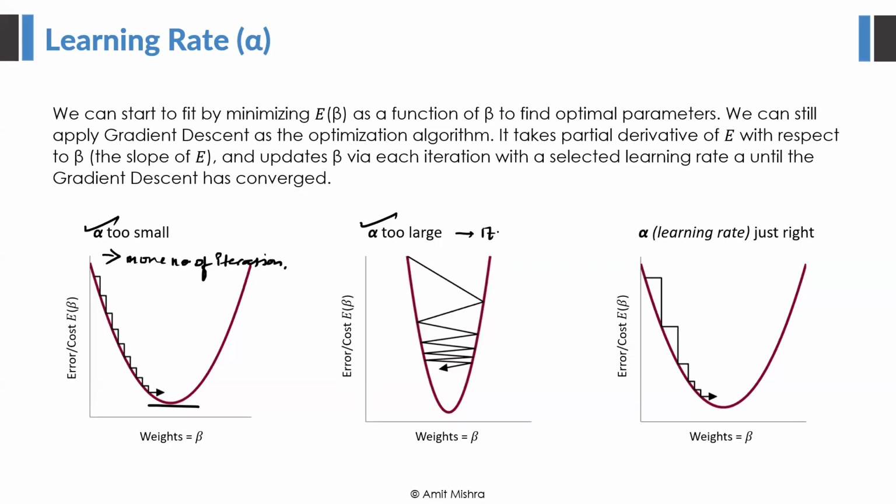It may miss the minima point. Further, alpha is your learning rate, which is just right. So here comes the error or cost function.